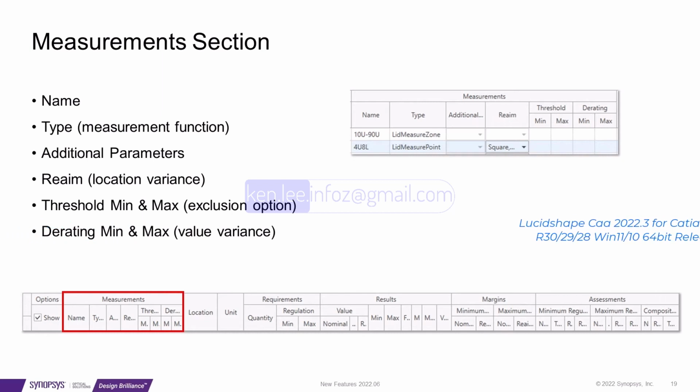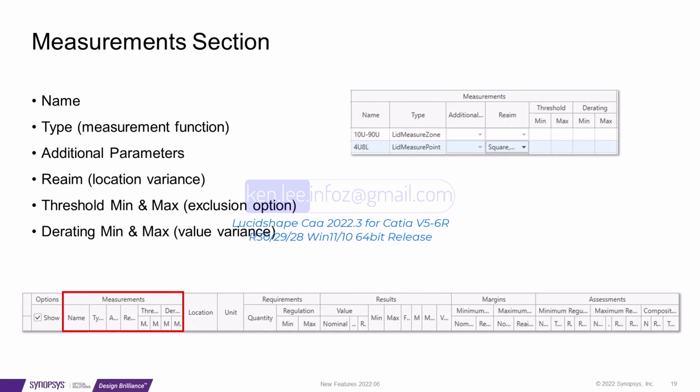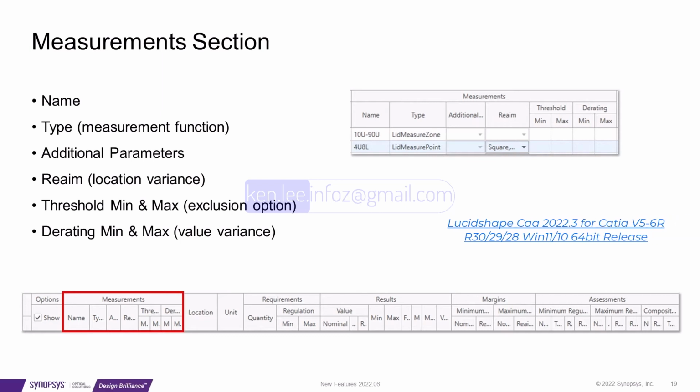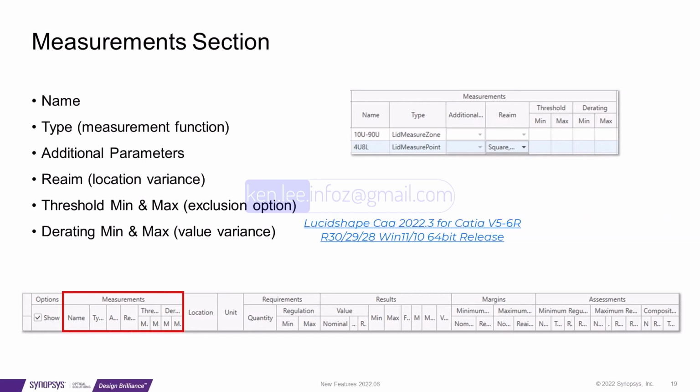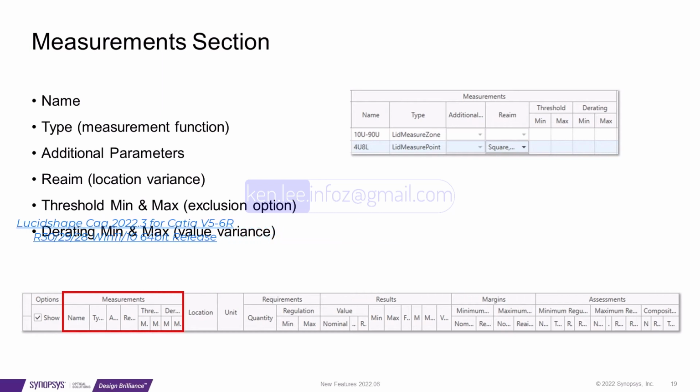After that, we have the re-aim option, which offers a location variance of definable size. Then we have the threshold option, which offers to exclude values outside a defined range. And finally, the derating option, where a variance to the measured value can be added.